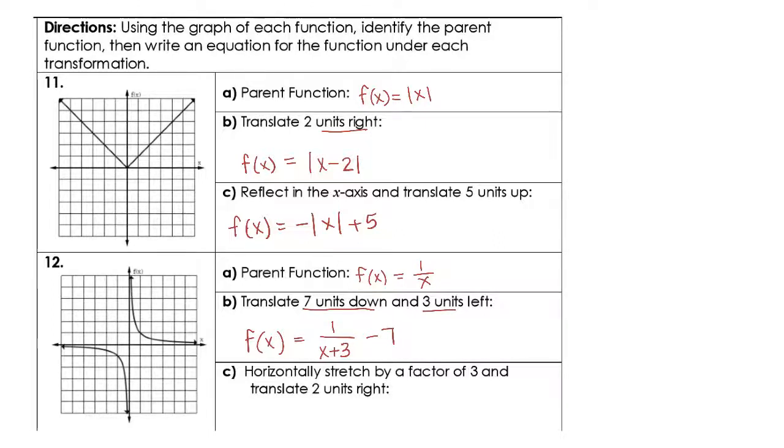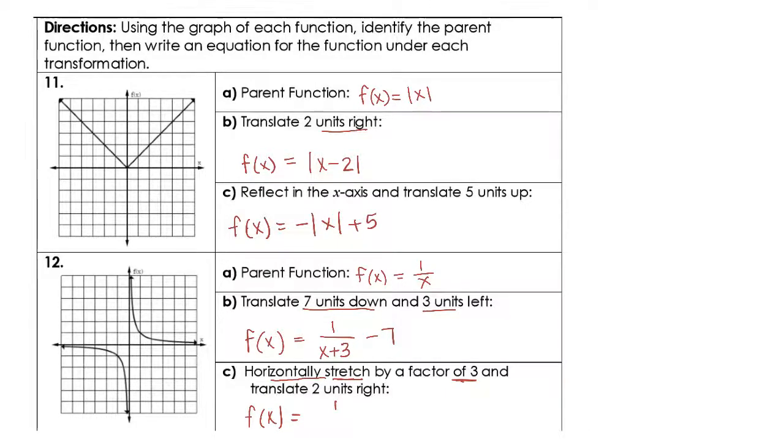And finally, we need to do a horizontal stretch by a factor of 3. Now remember, horizontal meant the number had to be on the inside, and that stretch was caused by a fraction, and we have a factor of 3, so that means that we've got to be careful with this. So our function here, let's just address that first.